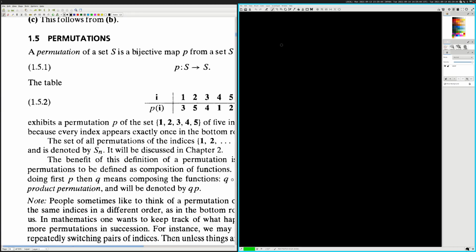So a function in math is like a function in a pure functional programming language. Let me give you an example of something that is not a function: rand.